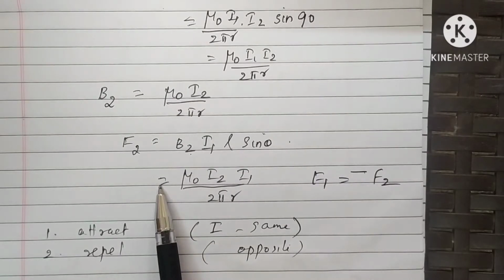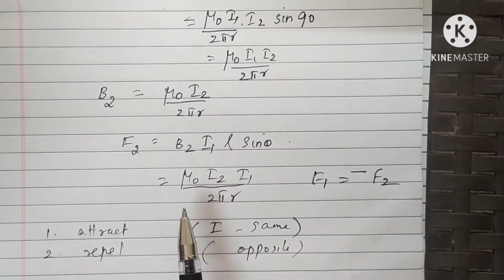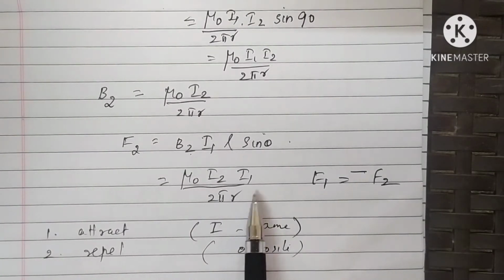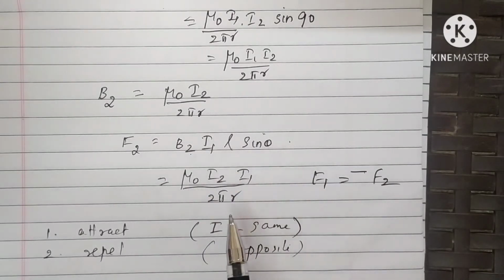Clear for you? Now, with this expression, we are going to define the term ampere. You all have studied what is ampere because it is considered as the SI unit of electric current. But actually the definition came from this particular situation. That is, from the expression mu 0 I1 I2 by 2 pi r, we are going to define ampere.